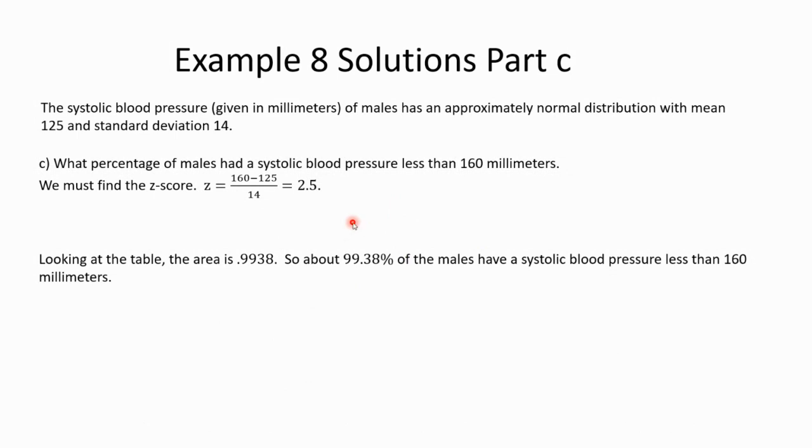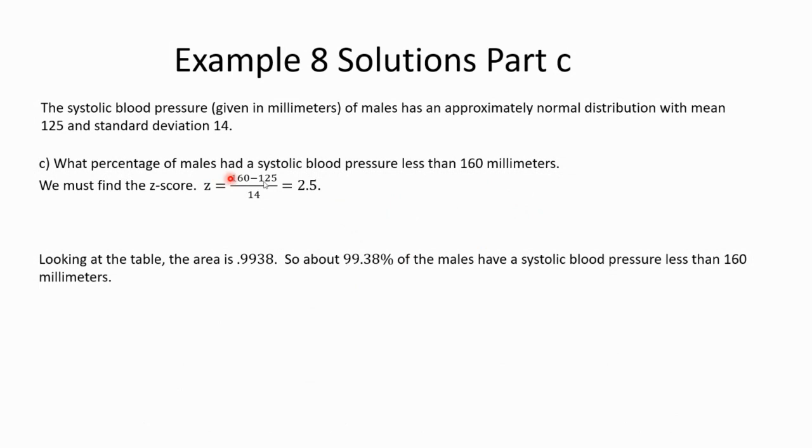So for the last one here, we want to know what percentage of males has systolic blood pressure less than 160 millimeters. In other words, what percentage of the data values are less than 160 millimeters?